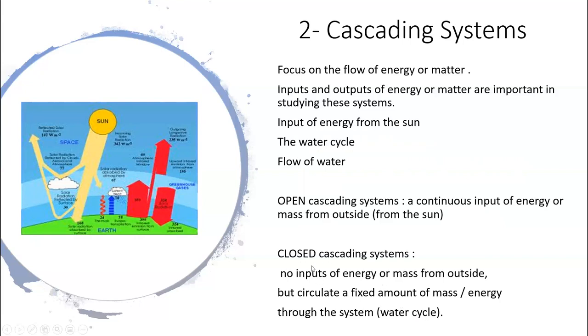So it's still there. But in an open cascading system, the energy comes from the sun, and the sun is always giving us energy constantly, right? So the energy comes from outside. Here, the energy is just kept inside. That's a big difference.